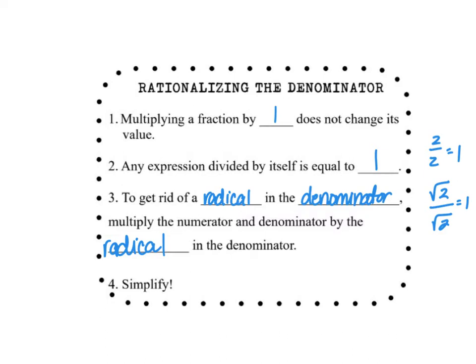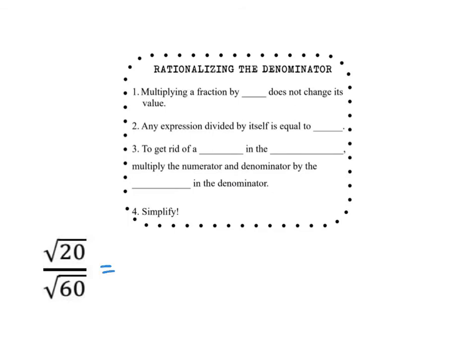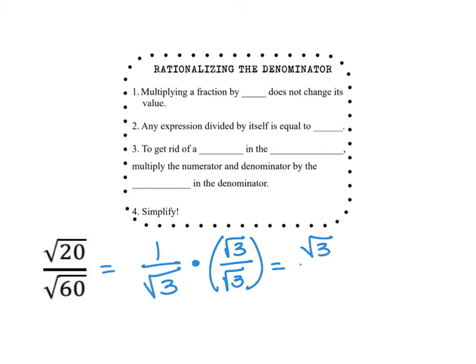So let's look at the one we just did. We got down to 1 over the square root of 3. So what we're going to do is multiply times 1 by using the square root of 3. So 1 times the square root of 3 is square root of 3.